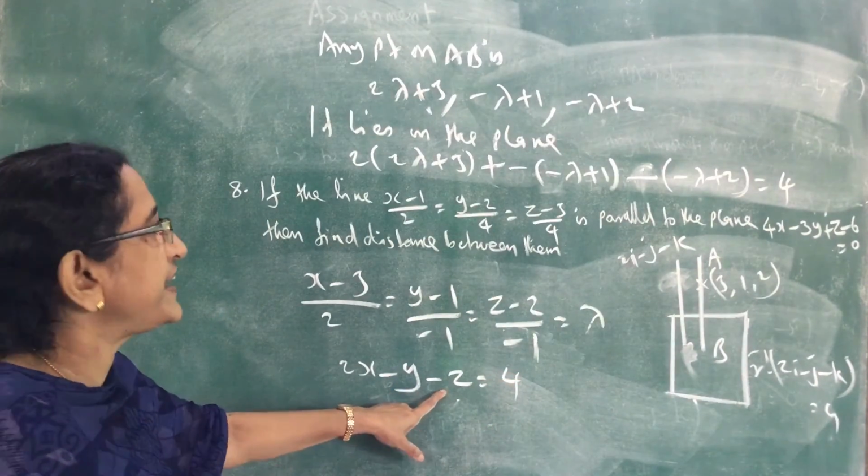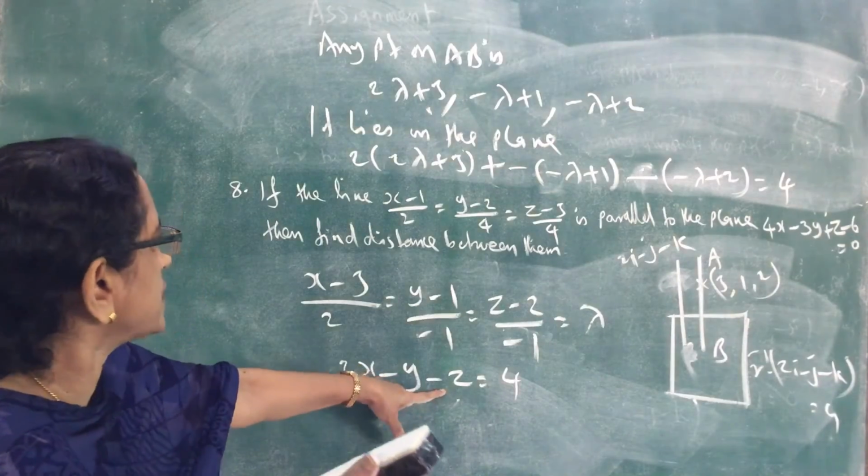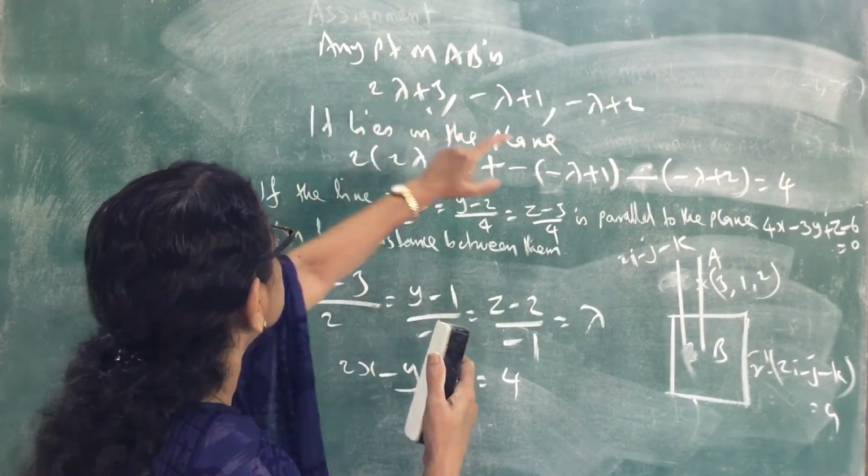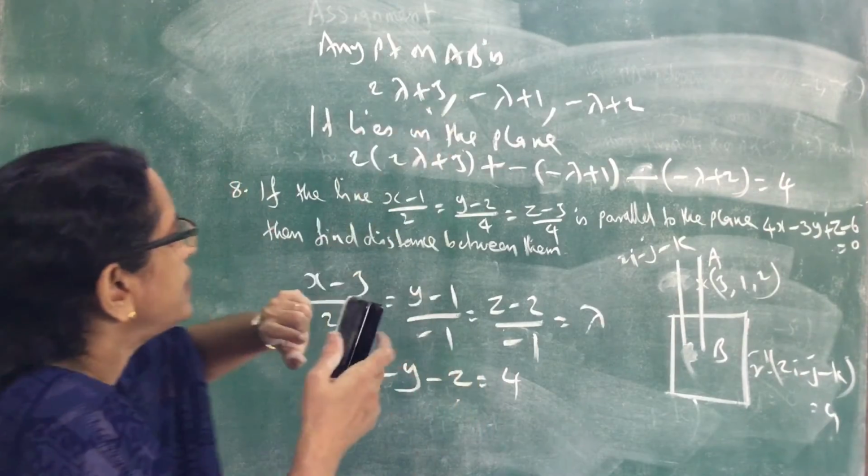In the place of x we substitute this. Solving that we can find lambda and we can substitute in this point. So that will be the point of intersection.